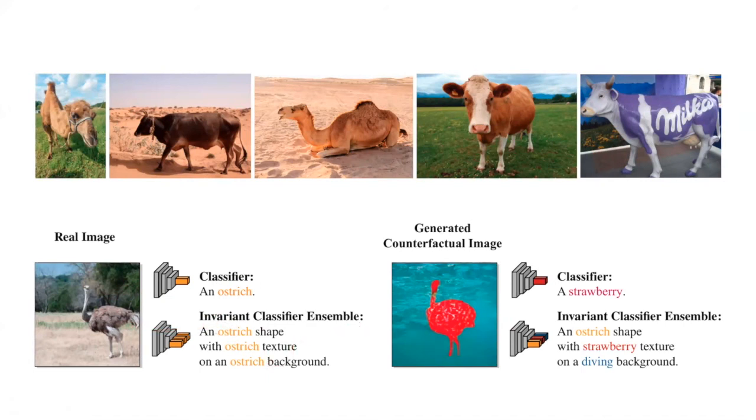If we generate this funny looking counterfactual image where we switch out the texture and the background but leave the shape unchanged, then a normal classifier, maybe focusing mainly on texture, would tell us it's a strawberry. Again, in this case, we would like a classifier that tells us that's an ostrich shape, strawberry texture, and a diving background.